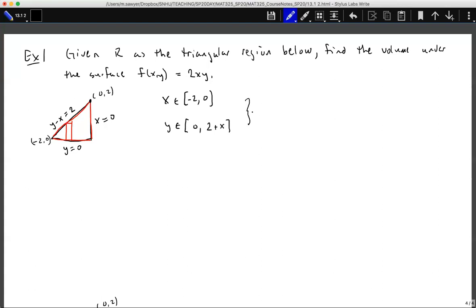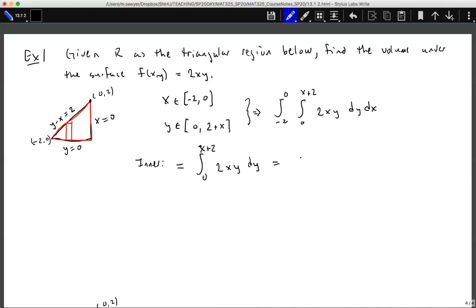And so this means that our integral looks like -2 to 0, 0 to x plus 2 of the surface 2xy dy dx. Solving the inner part, we have 0 to x plus 2 of 2xy dy.